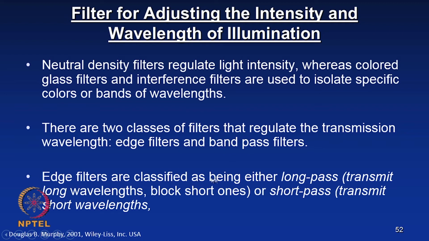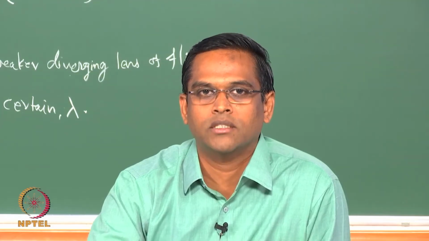Edge filters are classified as being either long pass, which transmit long wavelengths and block short ones, or short pass, which transmit shorter wavelengths. So, I think this is a kind of introduction to what the filters are and what their primary functions are.